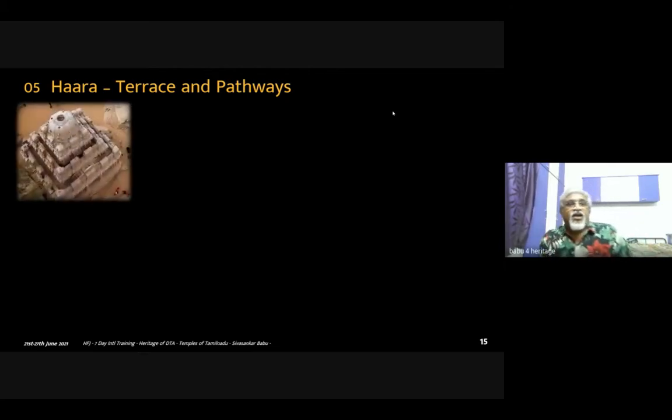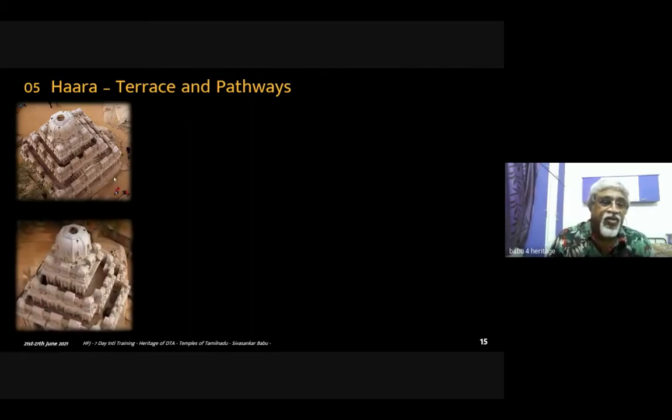So, this is one example, the Dharmaraja Ratham. This angle you would not have seen so far. This is taken from the top. If you look from the front, it looks like any other normal 3-tala temple. But if you see from the top, there is a gap between, and this is another view from the north side.